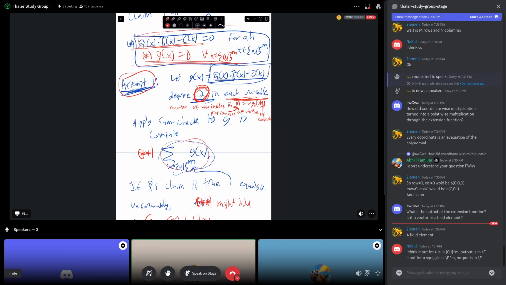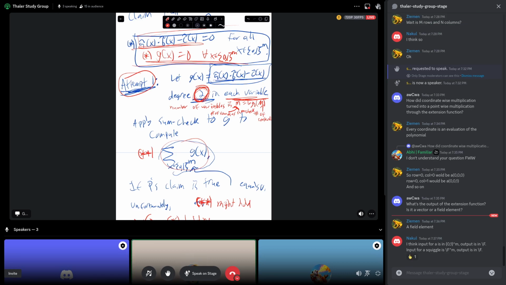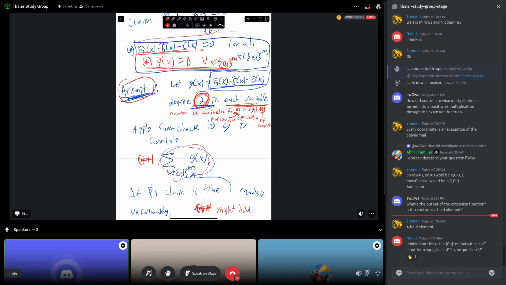Yeah, and the max degree of a twiddle, for example, is 1. Am I correct? Yes, by definition, because these twiddles mean multilinear, which means degree 1 in each variable. And so if I multiply 2 multilinear things together, I get something of degree at most 2 in each variable.